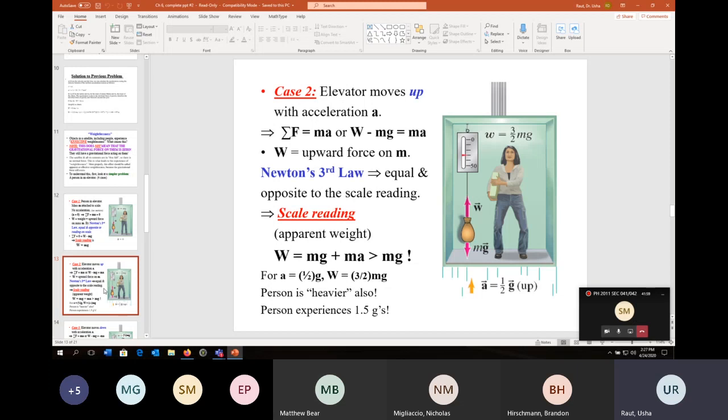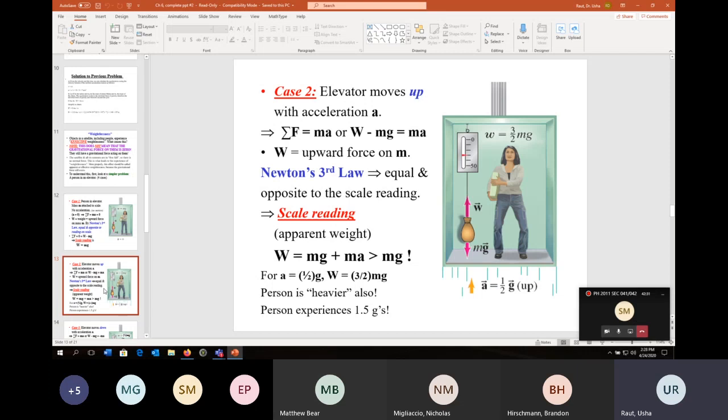And so again, you're going to apply Newton's second law. You have the same two forces as the FBD shows, the mg going downward and the W going upward. However, if I now do Newton's second law and put the summation of the two forces, you can see from the top equation that summation F equal to ma actually gives me W minus mg equal to ma.